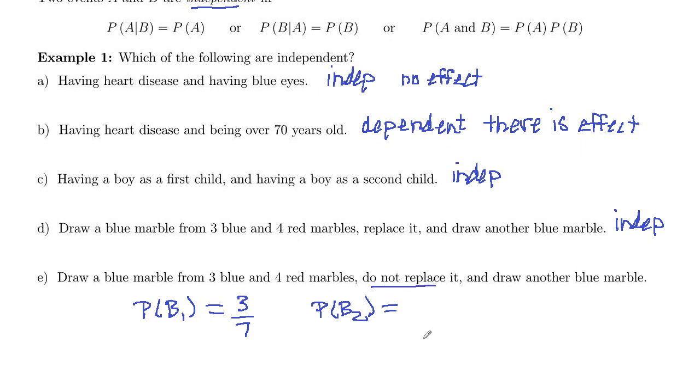So you've taken 1 marble away and it's one of those blue marbles. So now it's down to 2 blue and 4 red. So this will be 2 blue marbles out of 2 plus 4, 6 total marbles. And notice that these probabilities change. They're not equal. So blue on the first draw, blue on the second draw, those are going to be dependent.